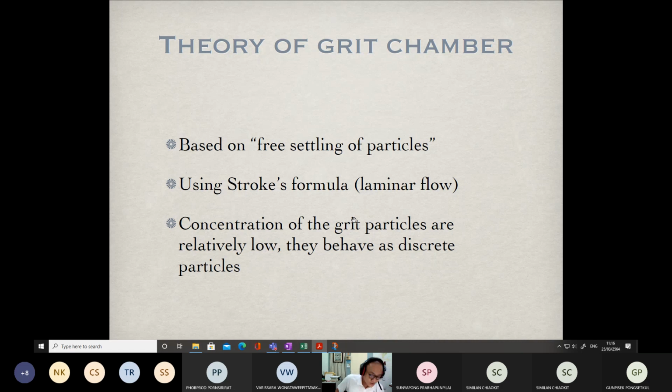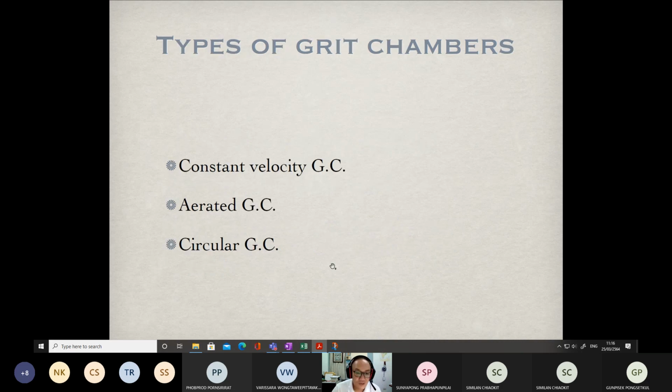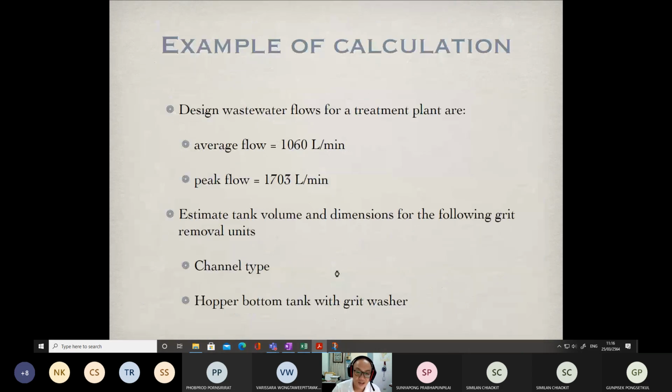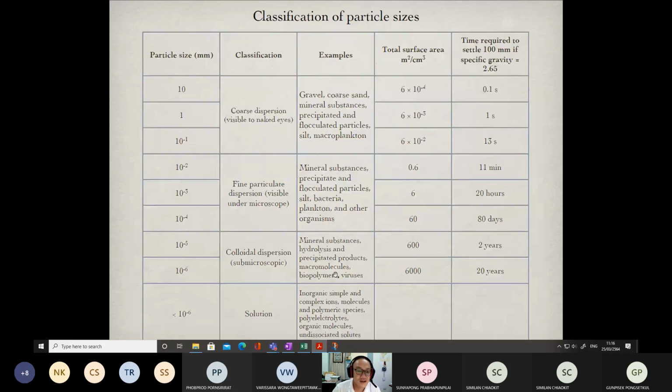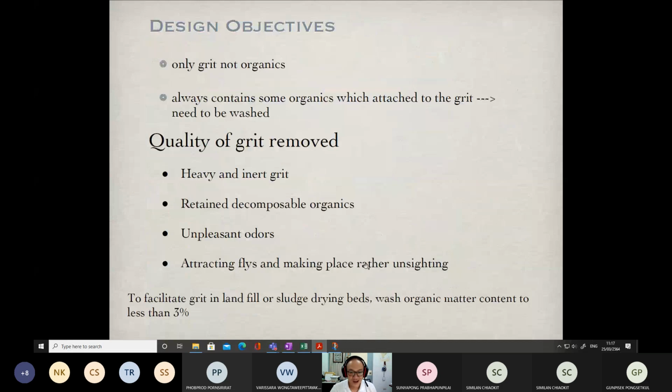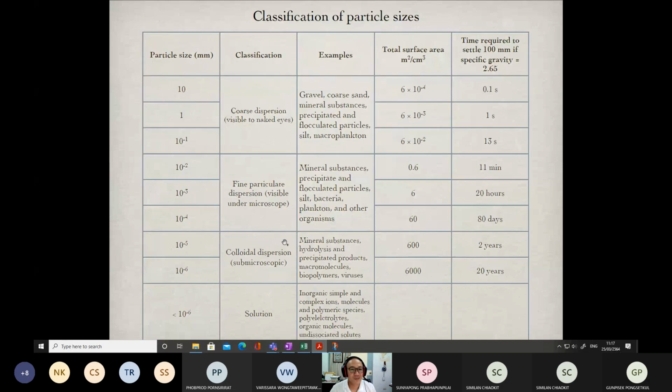Okay, so from the grit chamber, I just want to move to some slides. This one is the particle size classification. Actually this slide is somewhere in between the grit chambers and the coagulation and flocculation, so I put this slide here.